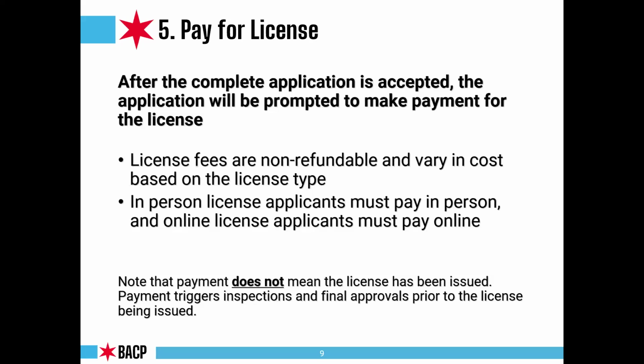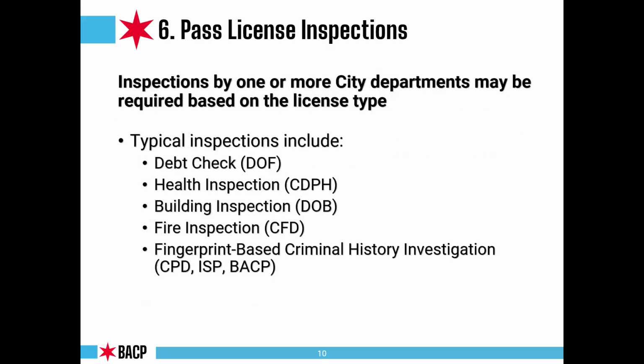When it comes to inspections, let's talk a little bit about that. Inspections by one or more city departments may be required based on license types. So again, inspections are license type driven.